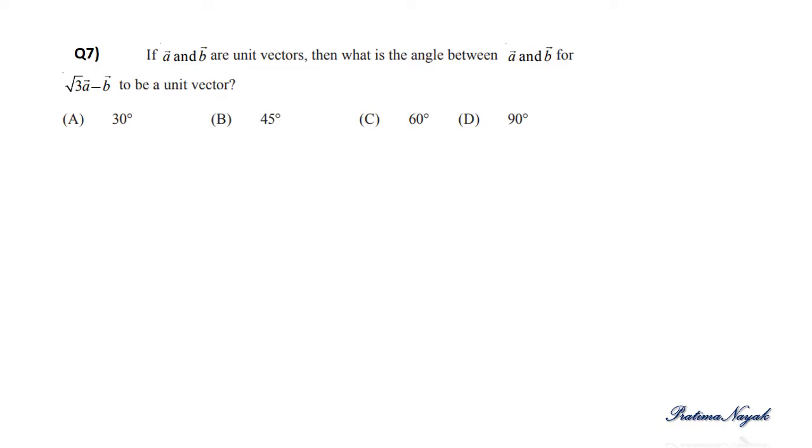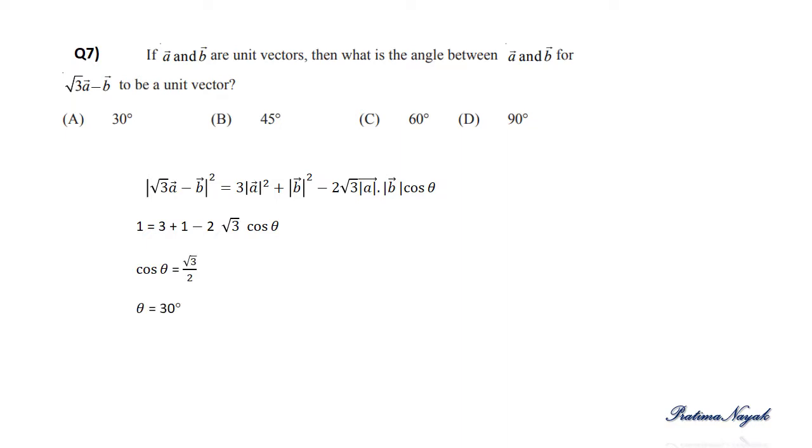So answer is A. If A and B are unit vectors, then what is the angle between vector A and vector B, for root 3 A minus B to be a unit vector? Options are 30 degree, 45 degree, 60 degree and 90 degree.